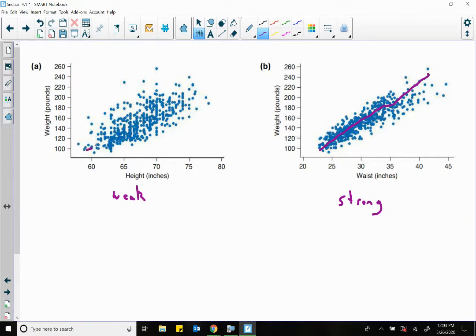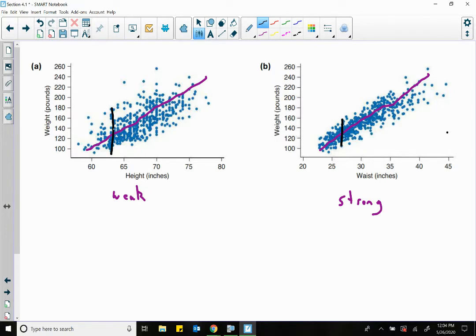If I draw that same kind of line right over here, you can see that a lot of my dots are far away from this line. Okay, so there's a lot of vertical scatter here. If you look at this vertical scatter, just for this point right here, look how long that line is. Versus, look at my vertical scatter that's right here. That's pretty short.